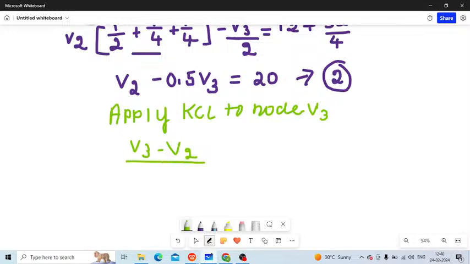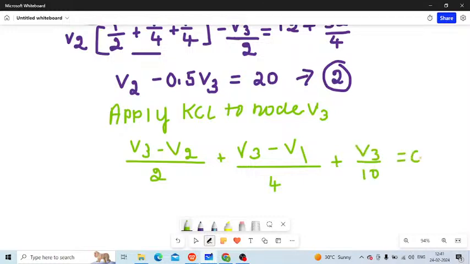V3 minus V2 is divided by 2. It is plus V3 minus V1 whole divided by, once again, 4. And V3 divided by 10, which is equal to 0.